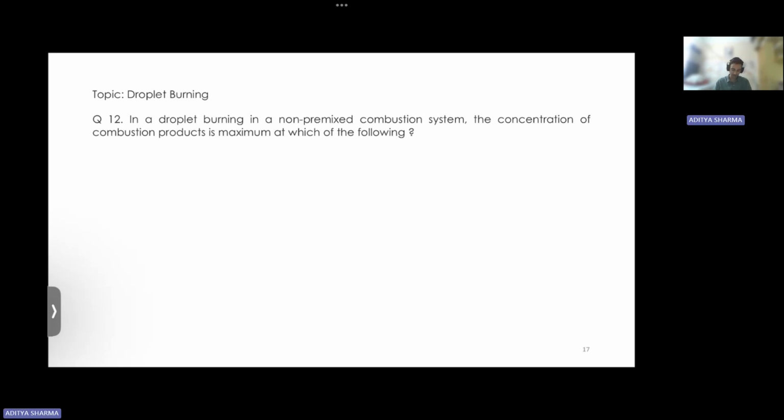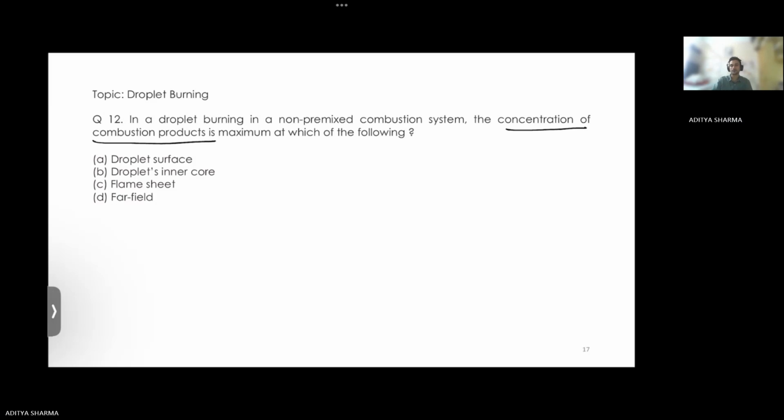It states that in a droplet burning in a non-premixed combustion system, the concentration of combustion products is maximum at which of the following? Previously the mass fraction of fuel was asked, right? Here the concentration of combustion products has been asked.